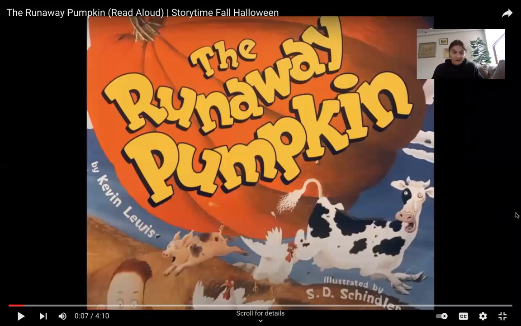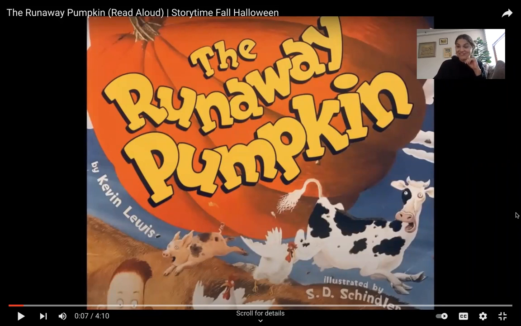The pumpkin is bigger than everyone else, yes, and we can see that based on our cover. What do we notice about the kid and the animals' expressions on their face? How do they look? Yes, they look very scared.